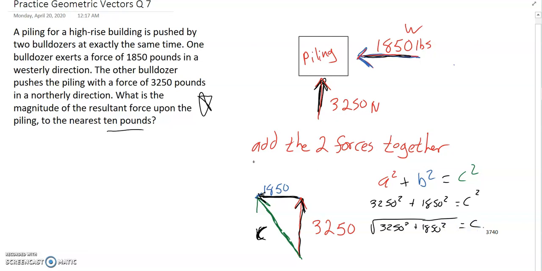And I think you get 37, 39 point something. Oops, not point. That doesn't make a whole lot of sense. 0.6, I don't know exactly what it is, but it does round up to 40, and it does ask for the nearest 10 pounds anyway, so it would be 40, even if it was 37, 35 something, just because it should round up to the nearest 10 pounds. So 3740 is what we end up getting.